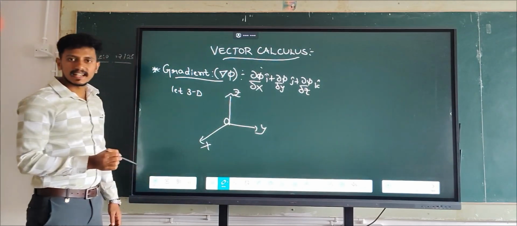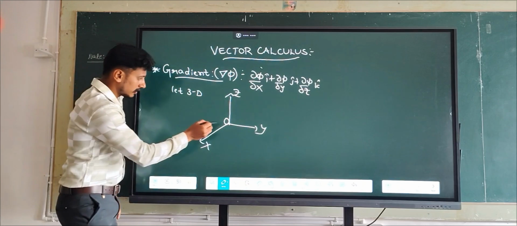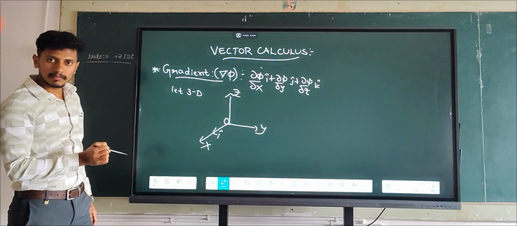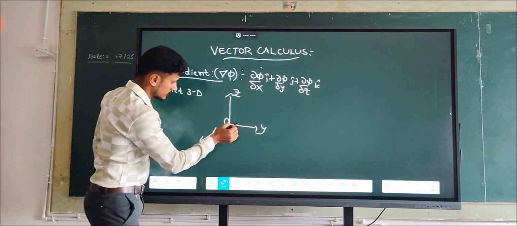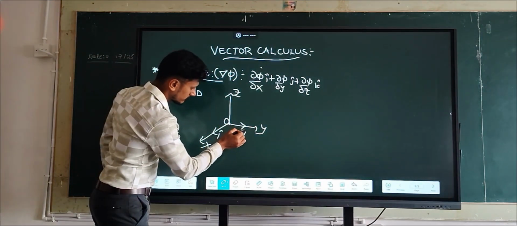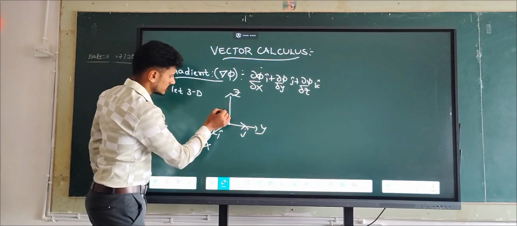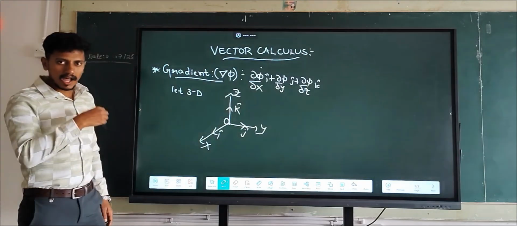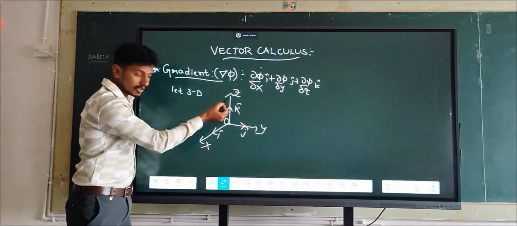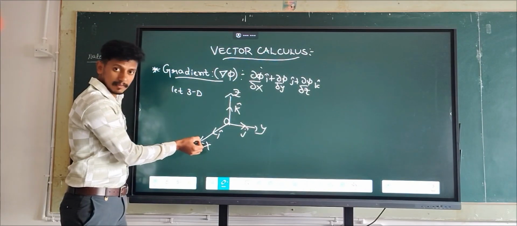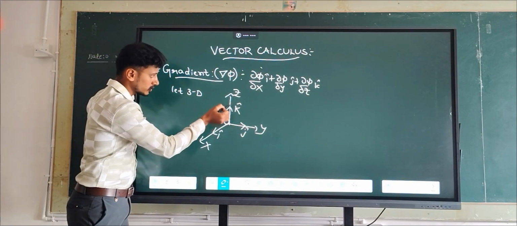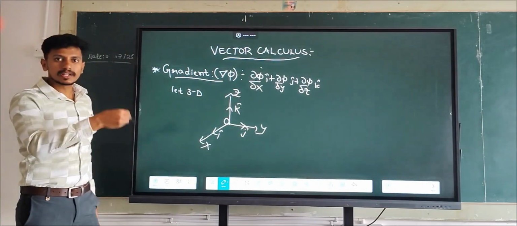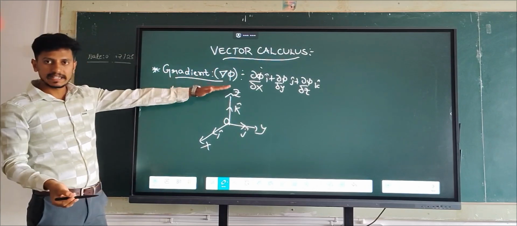This is the origin, O. Let us introduce a vector component i cap along OX, j cap along OY, and similarly k cap along OZ. By using this graph, I am going to derive the formula for gradient.